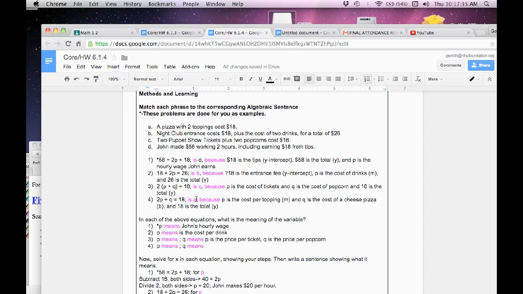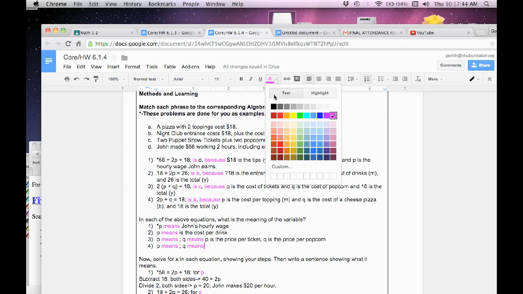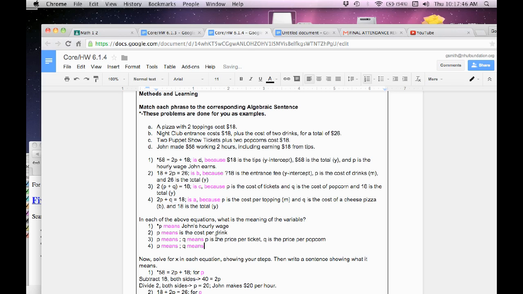And then next one, P is the cost per topping, and Q is the cost of a cheese pizza. Because P is the one that is the slope, and Q is the y-intercept. So P is the price per topping, Q is the price of a cheese pizza.